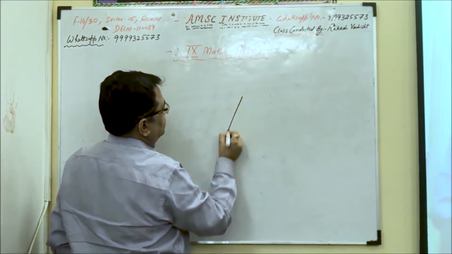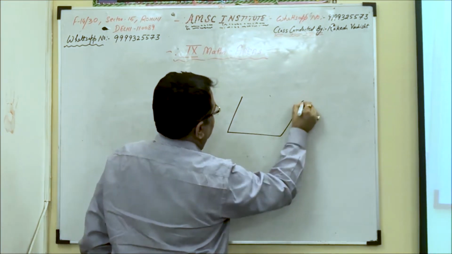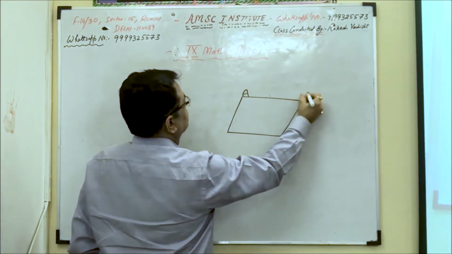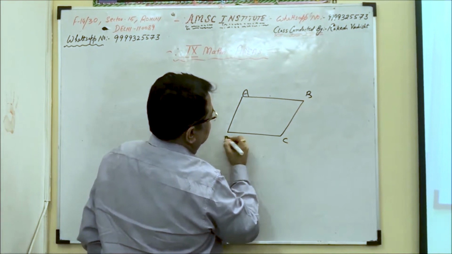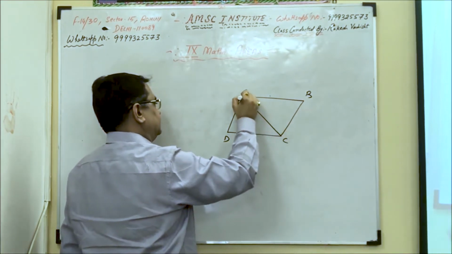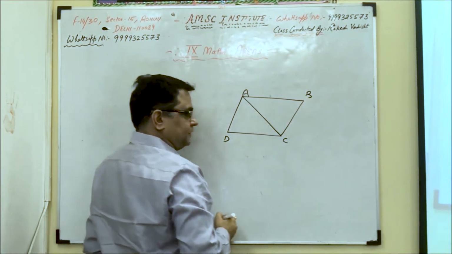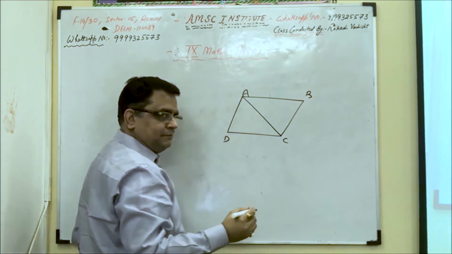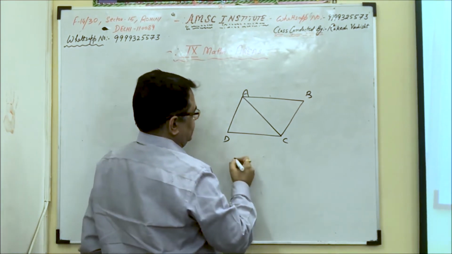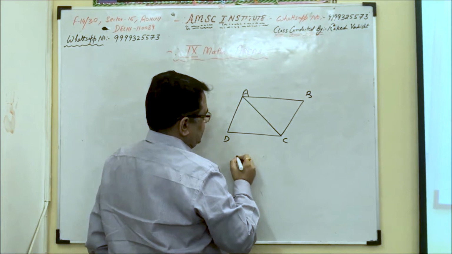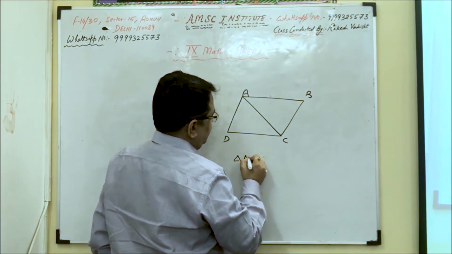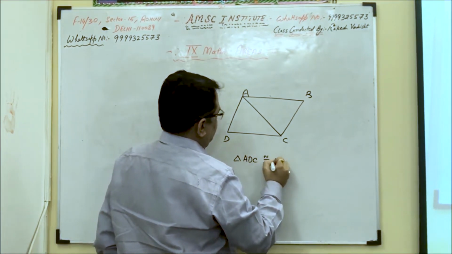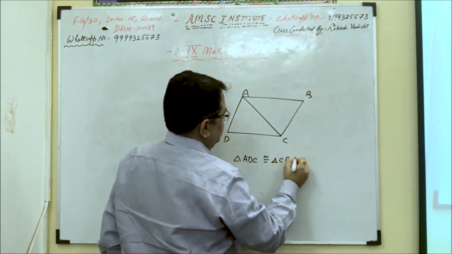See, we are very much clear with the concept of a parallelogram. In a parallelogram, the diagonal divides the parallelogram into two triangles which are congruent with one another. So the triangle ADC is congruent with triangle CBA.